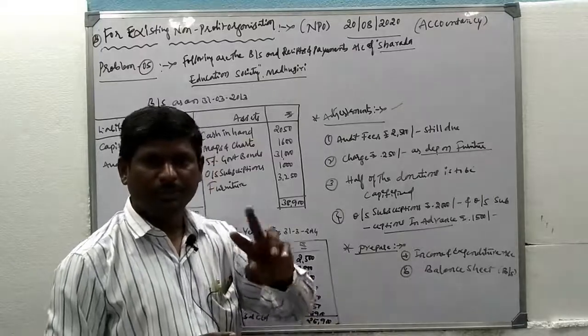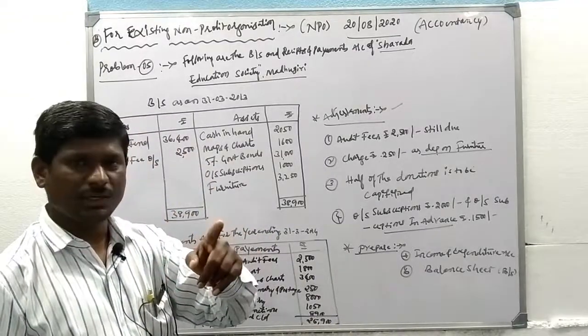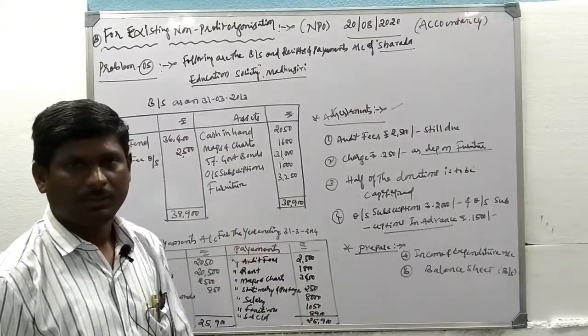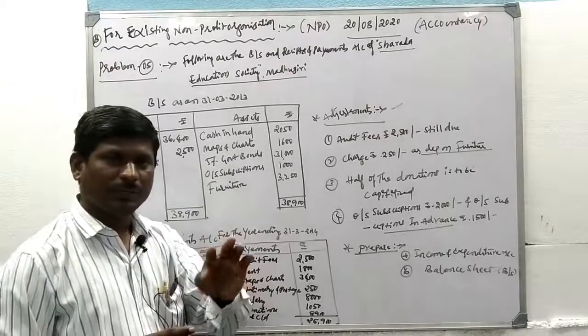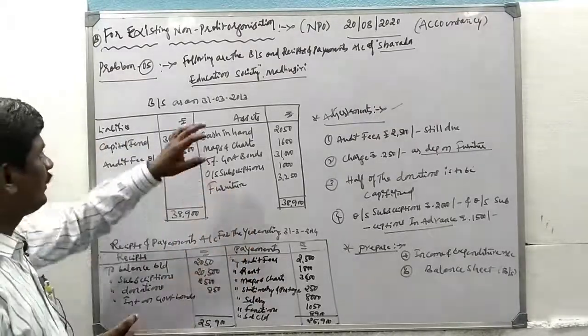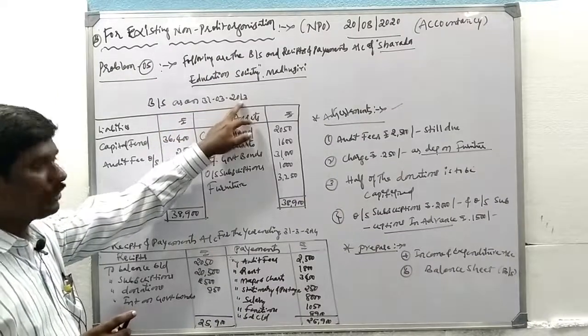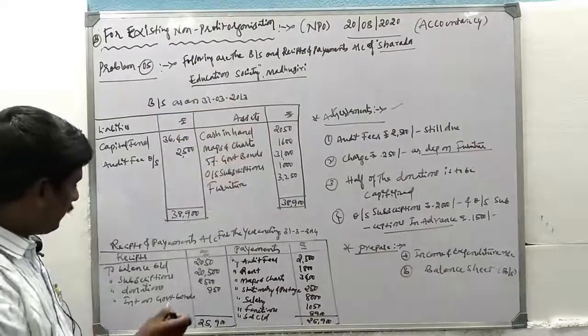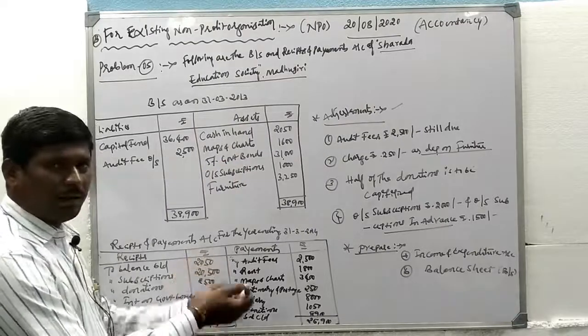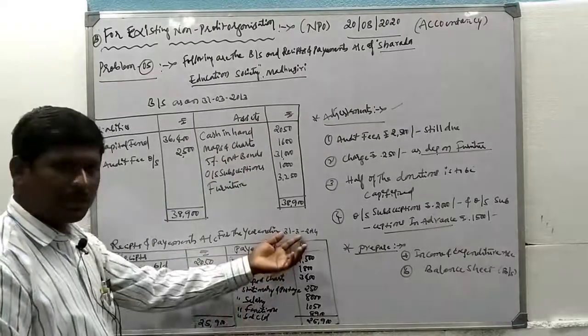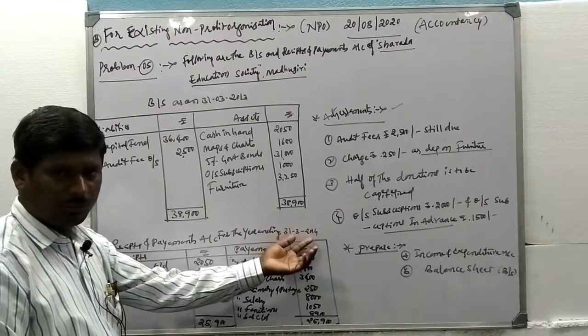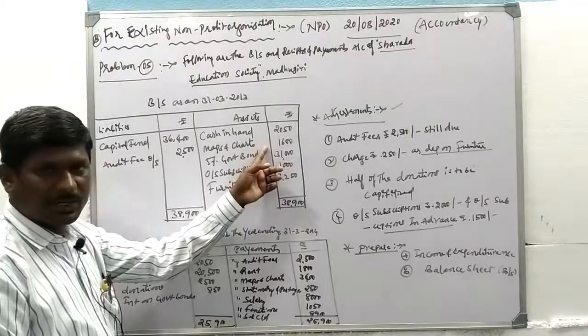The difference between new and existing non-profit organizations is that for an existing problem, the balance sheet for the previous year, say 2013, is given. After 2013, the receipts and payment account for 2014 is asked along with the previous year balance sheet.